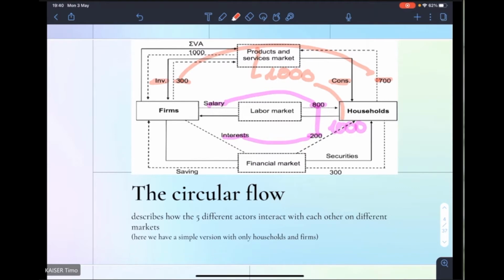And as we know, GDP always has to be the same. That's the main point of the circular flow, and also to understand how the different actors interact in the economy. So that's all about the circular flow.